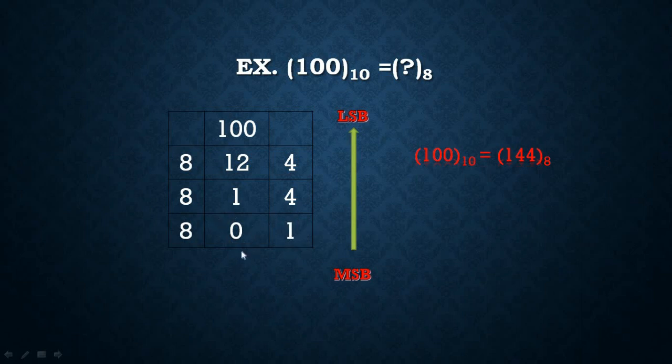As soon as we get the quotient 0, we stop the division and note the result from bottom to top. So the result becomes 144 to the base 8. Again, we write base 8 because we have to convert the decimal number into the octal number system.